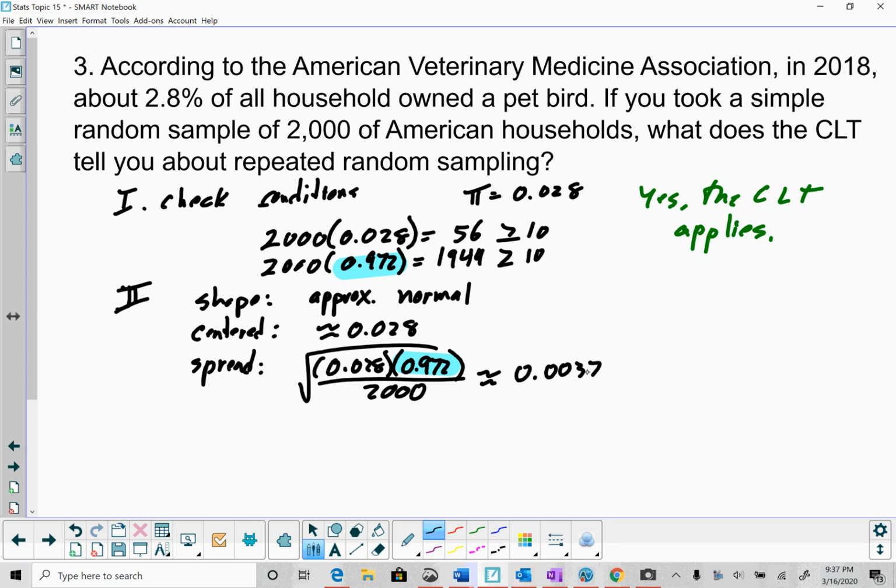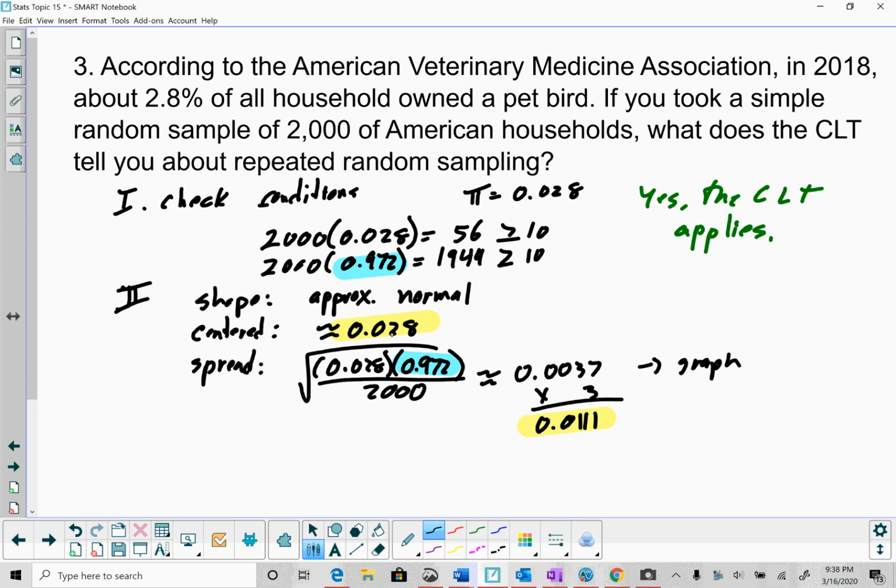Now again, if you were going to do the graph, you would take this and multiply it by 3 for 3 standard deviations. That would give you 0.0111. That's not too bad. And then again, combine that with our center.